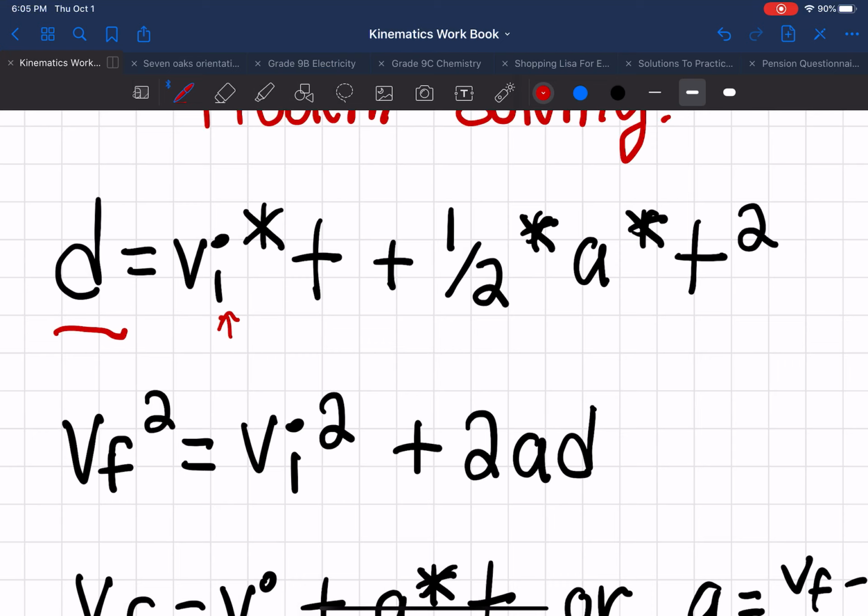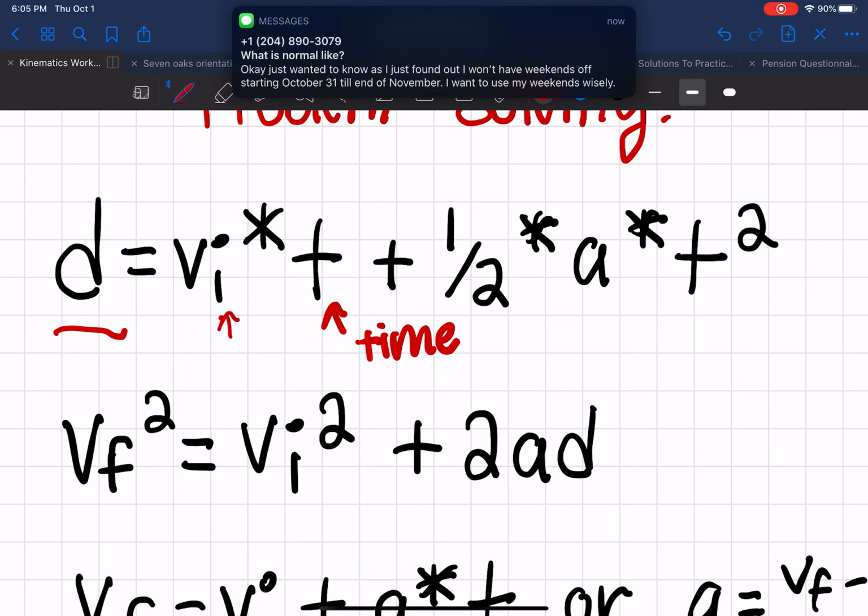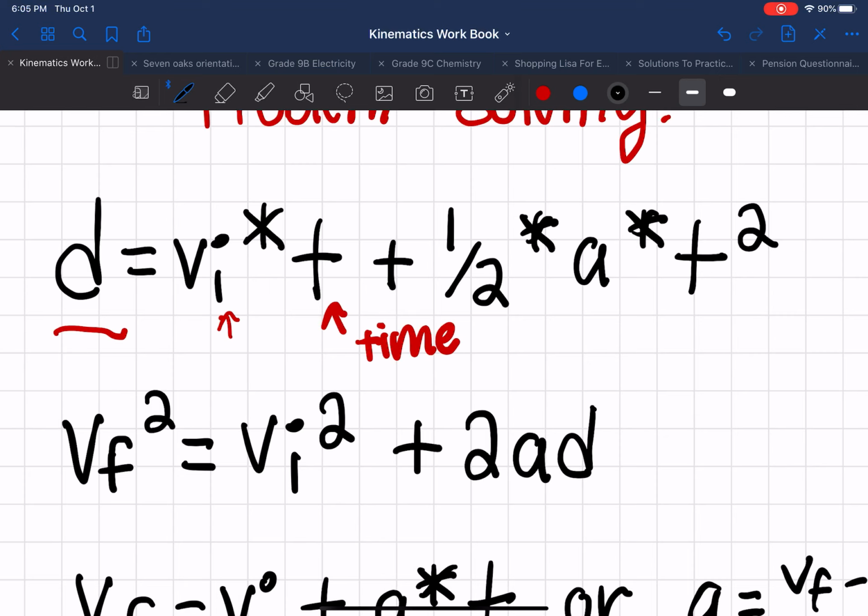Then we have T, which stands for time. I can write down a few of what they stand for here. This one's initial velocity. This one is distance or displacement.